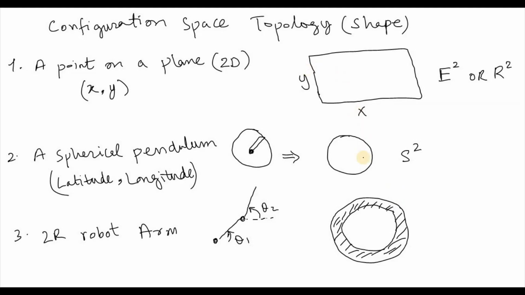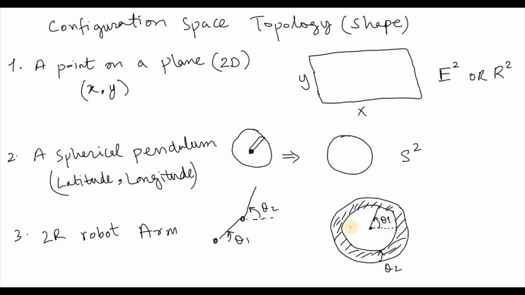So this will be your theta 1, here will be your theta 1, and this one will be your theta 2, this angle.